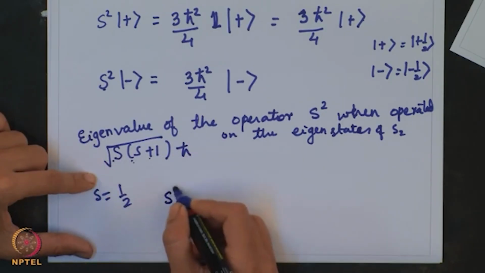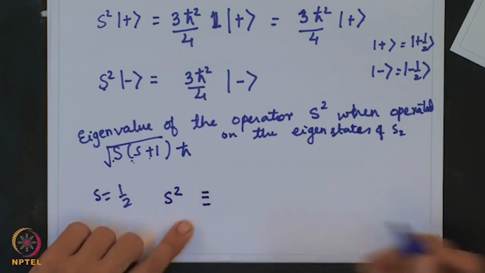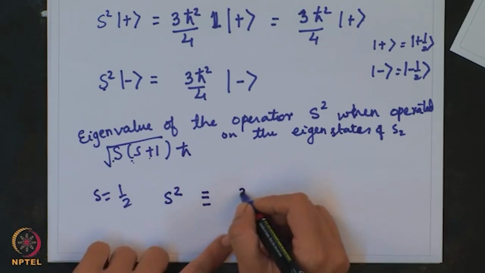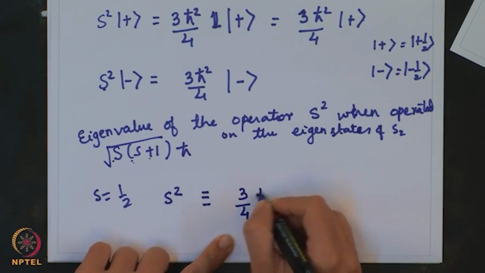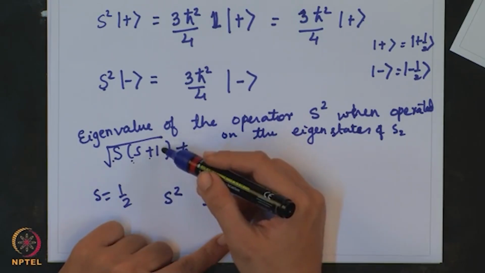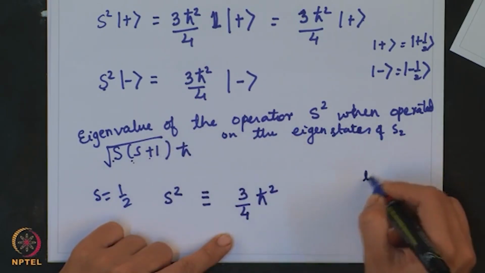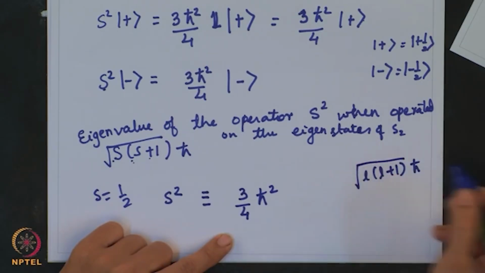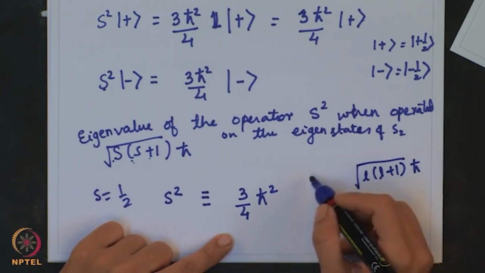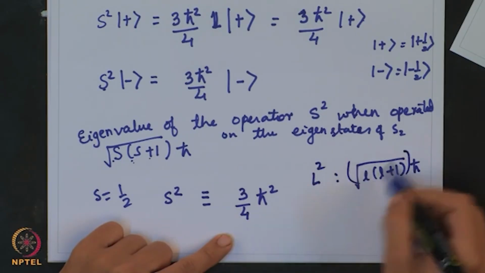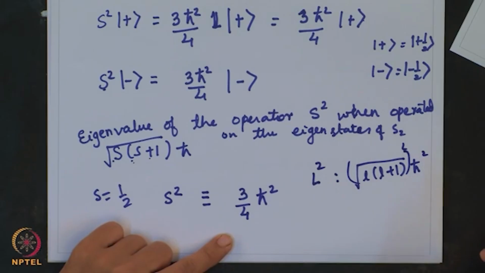The eigenvalue of S square will correspond to s as half, half plus 1, so this will be 3 by 4 ħ square. This you remember, this is the same result as we got for orbital angular momentum, which was square root of l into l plus 1 ħ for L, so L square was the square of this.